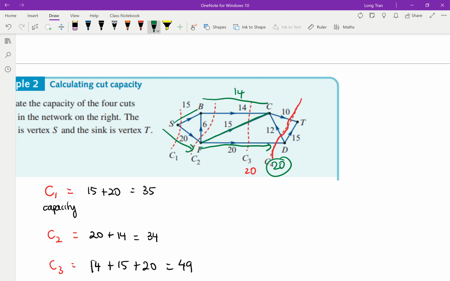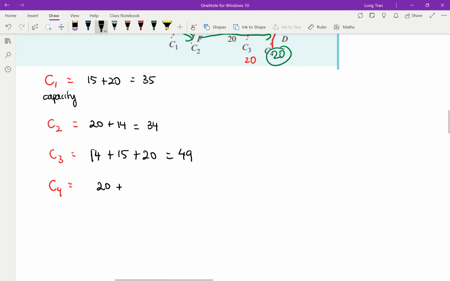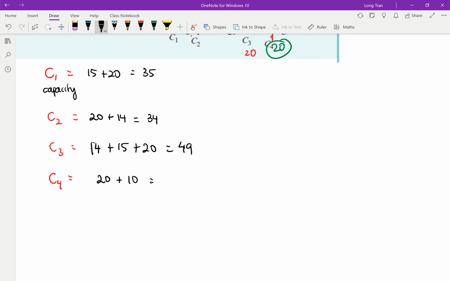But regardless of what happens here, 15's coming in and 14's coming in, but the maximum capacity is only 10. So by the time it gets cut at this point, I can only have 10 as my actual value coming out. Does that make sense? So cut 4 can only have a maximum flow or capacity of 20 plus the 10, and that gives me 30.